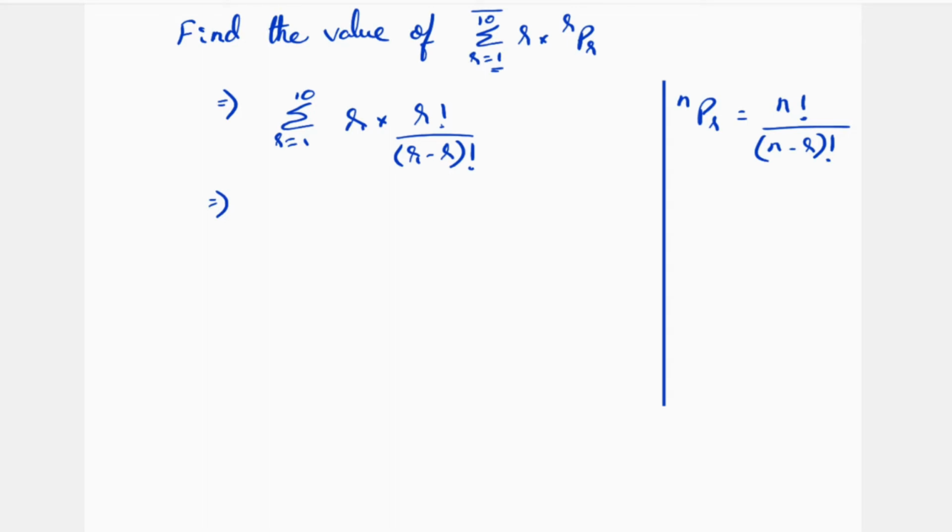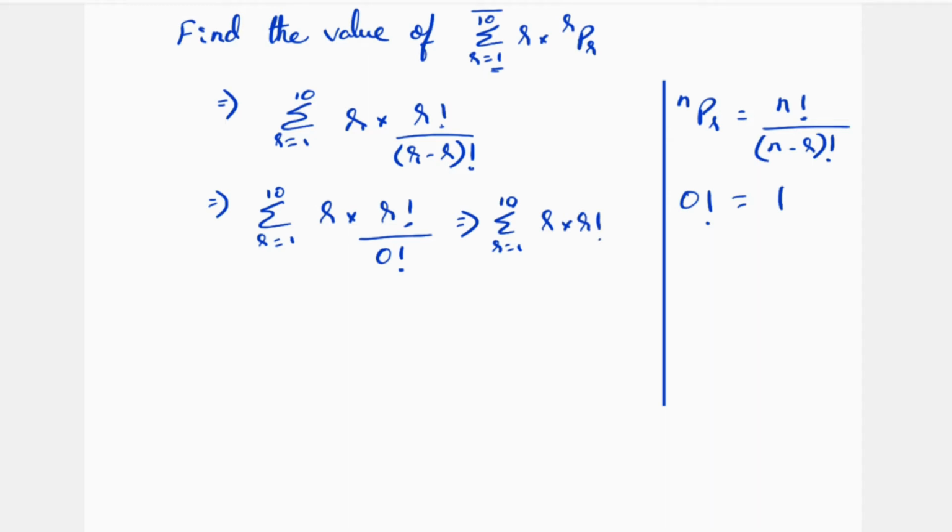Now this gives me summation r equal to 1 to 10 of r multiplied by r factorial divided by r minus r the whole factorial, which is nothing but 0 factorial. 0 factorial is 1. Always 0 factorial is equal to 1. So this gives me a result of summation where r starts with 1 and ends with 10, of r multiplied by r factorial.